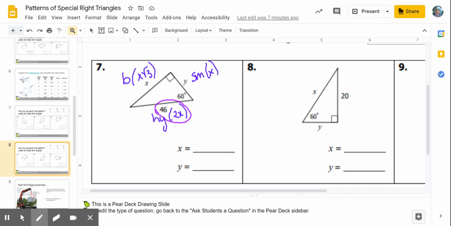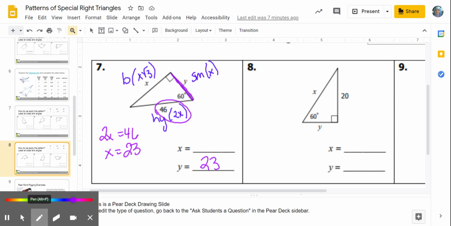Wherever you have the number, you can write an equation there. So 2x equals 46. So what's my small side going to equal? 23. My small side, I've labeled x, but they've labeled y. So that small side is 23.